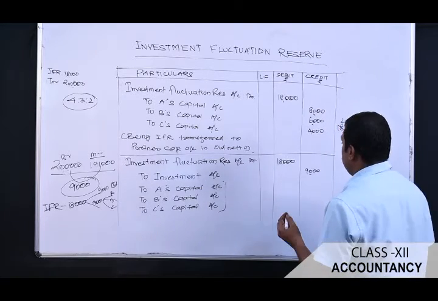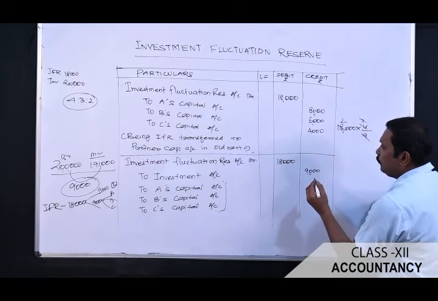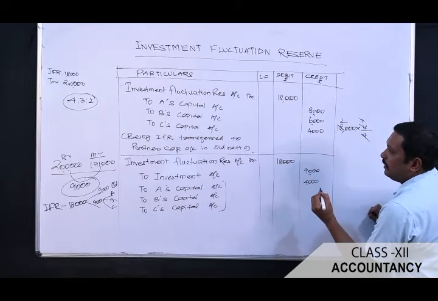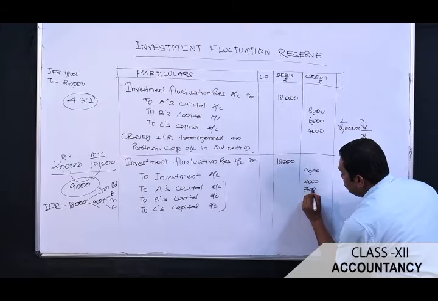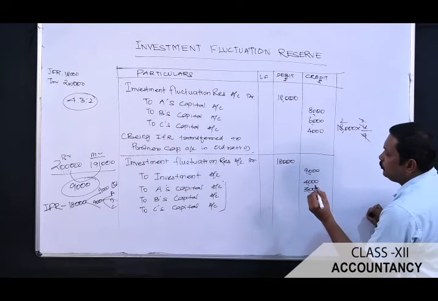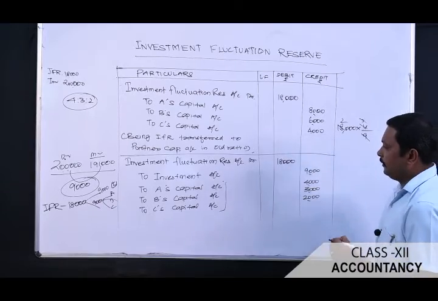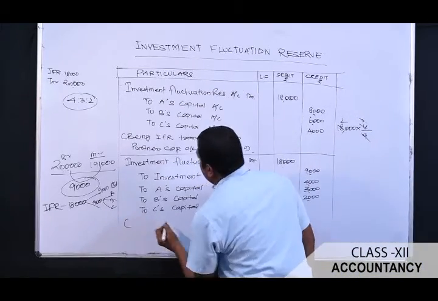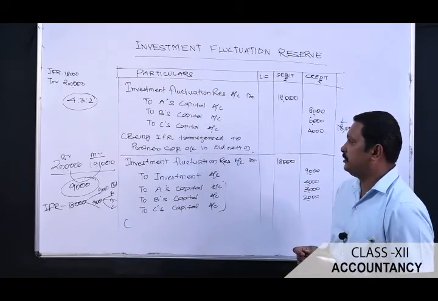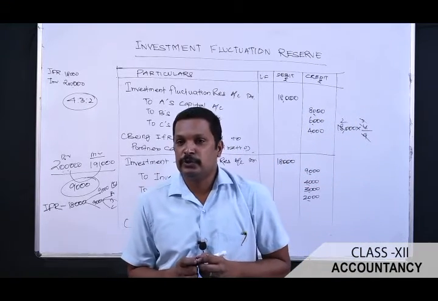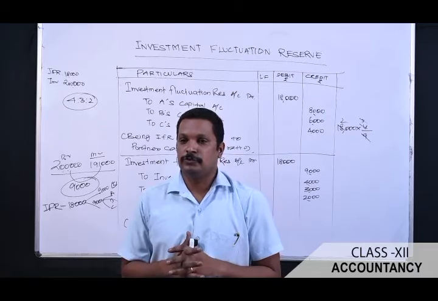The same old ratio. So 9,000 into 4 by 9, 4,000. 9,000 into 3 by 9, 3,000. 9,000 into 2 by 9, 2,000. Right? So the excess investment fluctuation reserve is transferred to the partners' capital accounts.